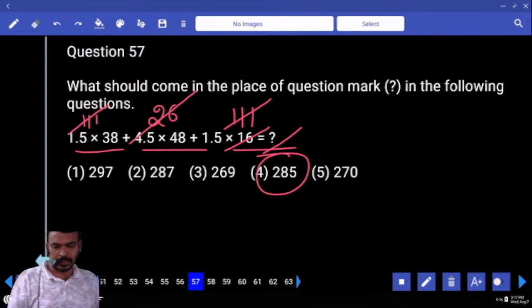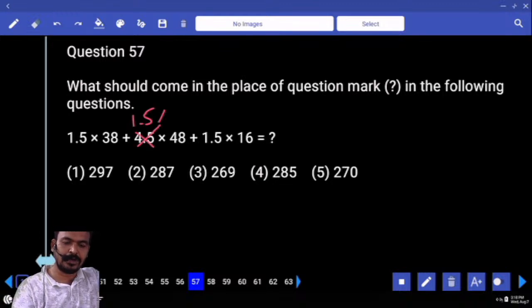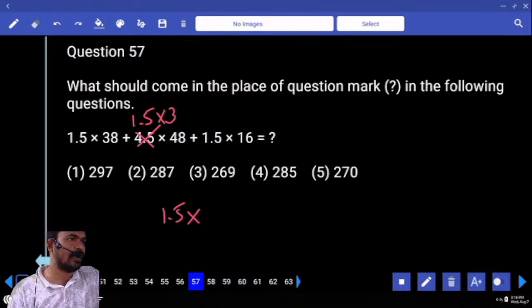248. Next 57. 1.5, 4.5, 1.5. 4 and half we can write 1.5 into 3, no? What is the common value? 1 and half. What is the first term? 38.